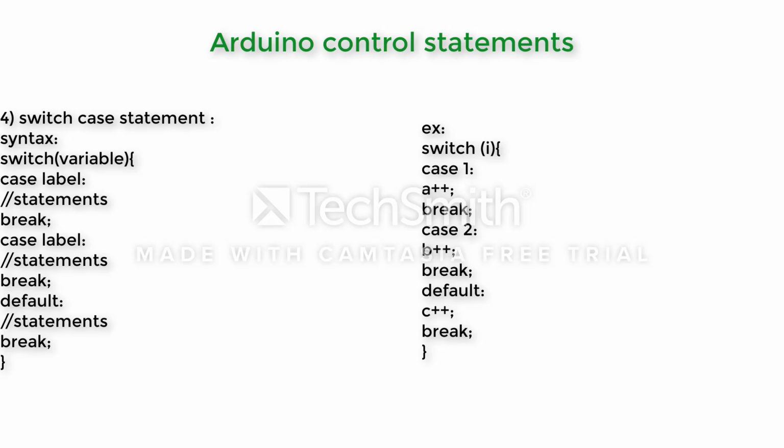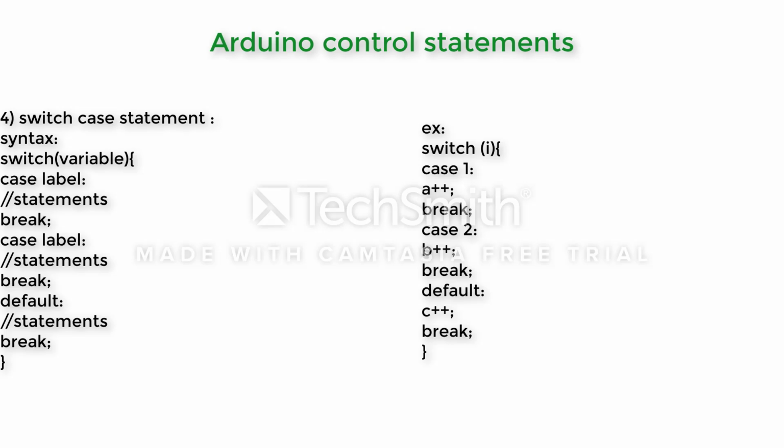Without the break statement, the switch statement will continue executing the following expressions until a break or the end of switch statement is reached. Let us take an example where a variable i is taken inside the switch and there are two cases with labels 1 and 2, and there is a default case which is used when neither of the case statements are executed.